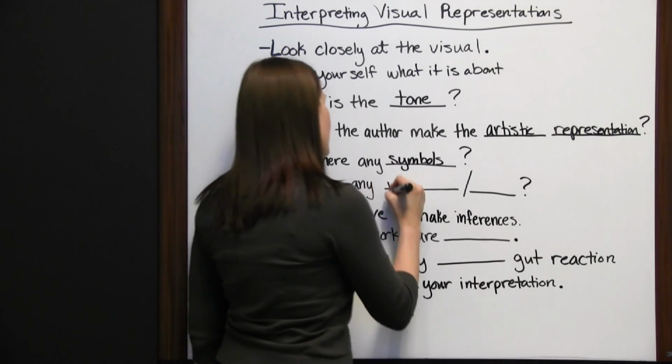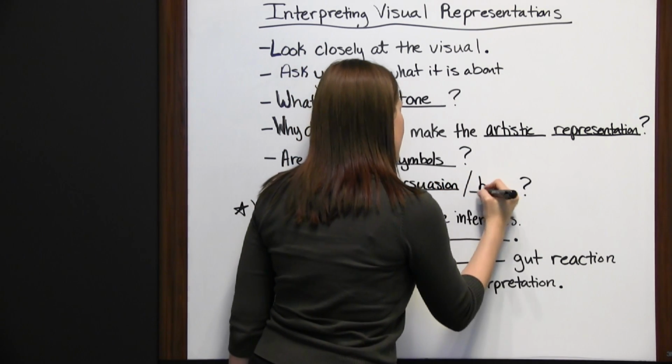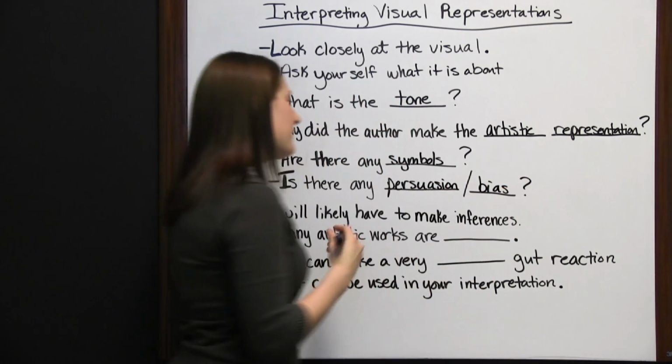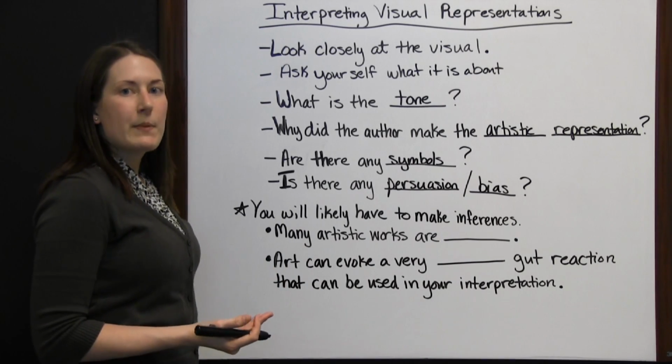Is there any persuasion or bias? Is the author trying to show you that they are for or against something else? Are they trying to persuade you that one thing is better than another.